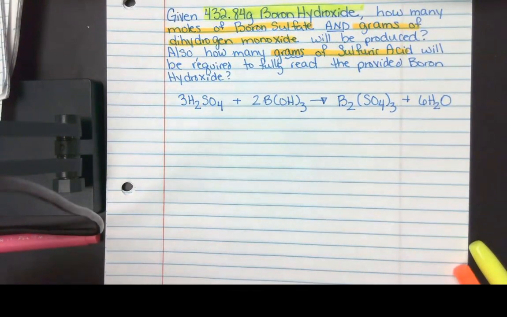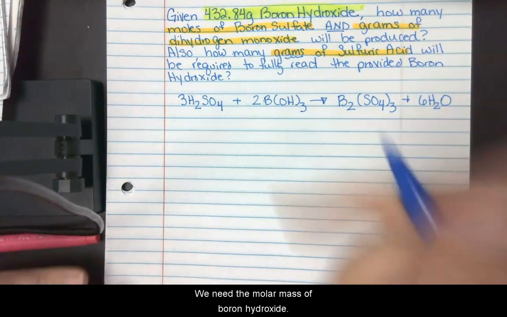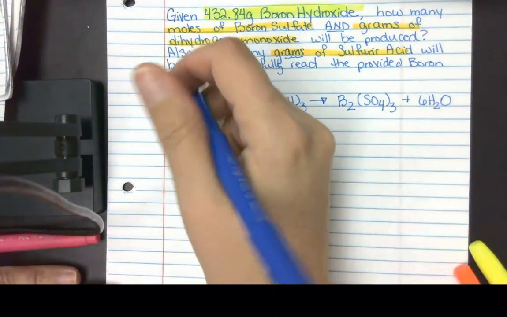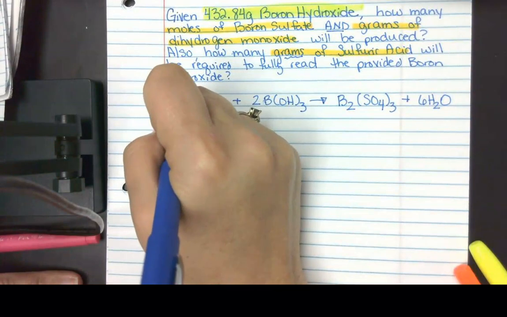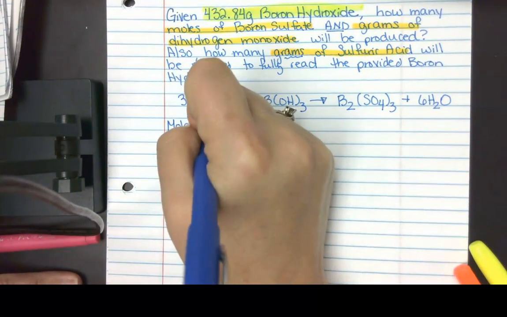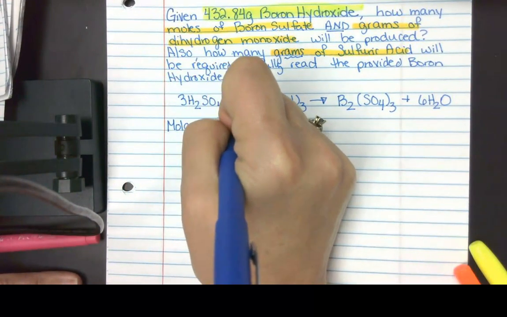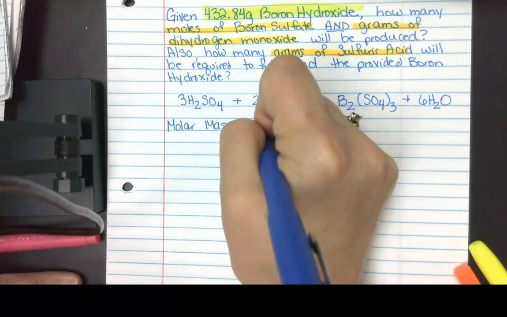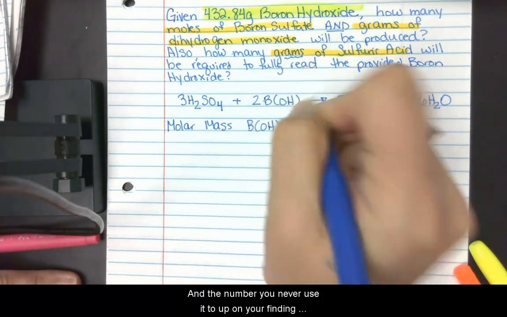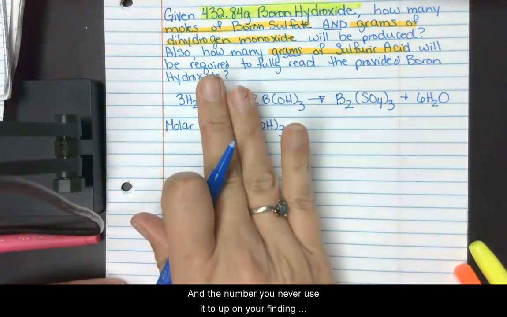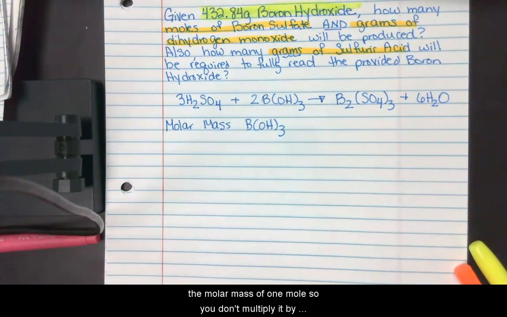So, we need the molar mass of boron hydroxide. And remember, you never use the 2 up front. You're finding the molar mass of 1 mole, so you don't multiply it by your coefficients.